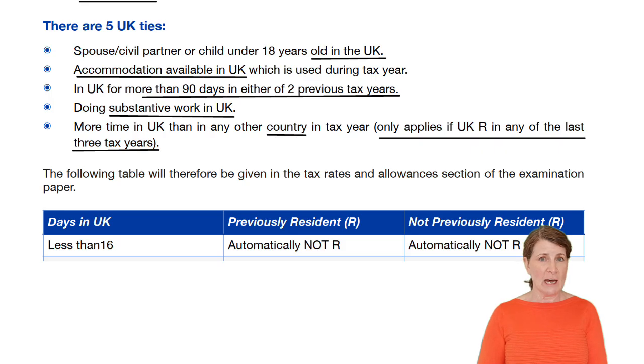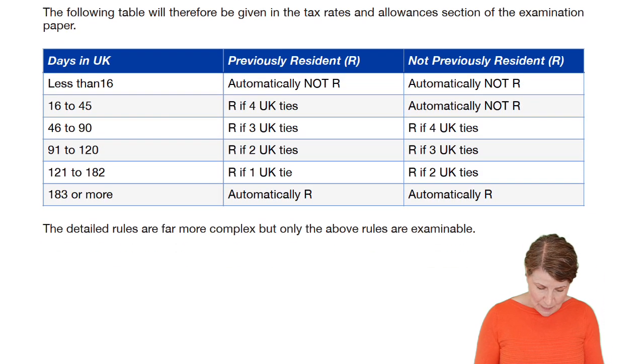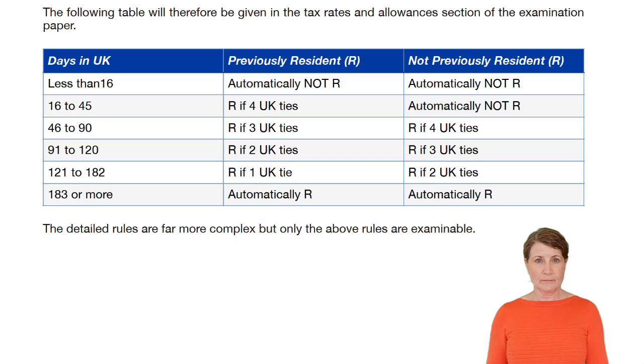So those are your 5 ties. You've got your family tie, you've got your accommodation tie, you've got your 90-day tie, you've got your work tie, and then you've got the country tie. But that last one only applies if you were resident in the UK for any of the 3 previous tax years. Now, in your tax tables, you will be given this table.